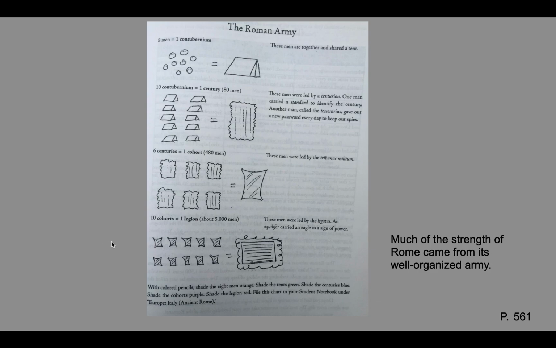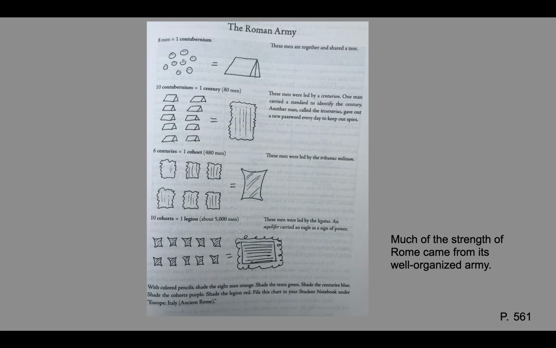Each cohort has 480. 10 cohorts make up a legion, which was about 5,000 men. These men were led by the legatus. And that word legatus comes into our language as lieutenant. And Aquilifer carried an eagle as a sign of power. And in the book, you could have colored these, so that could be your activity.